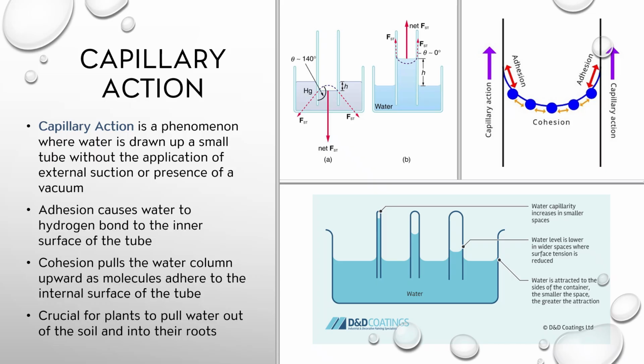And this allows plants to take as much water out of the soil as possible and get them out of the roots and up into the trunk where there's other types of forces that then are at work that draw the water up the whole plant itself. But capillary action is really important for the survival of those plants.